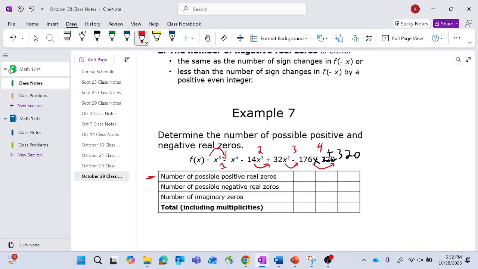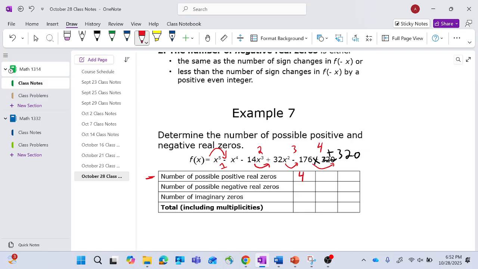Does that make sense, guys? You see how many times the sign of the coefficient changes when it's ordered from highest degree to lowest degree. In this case, it changed 4 times. That means the number of possible positive real zeros starts at 4. When the definition says it decreases by an even integer, all that means is that you can keep subtracting 2 to get all the possible numbers.